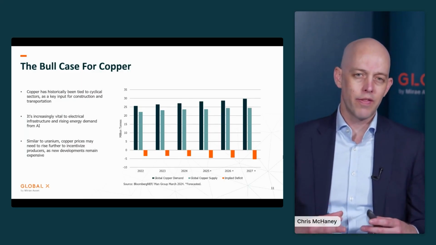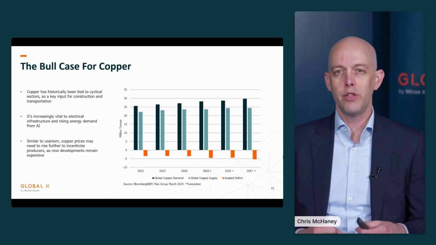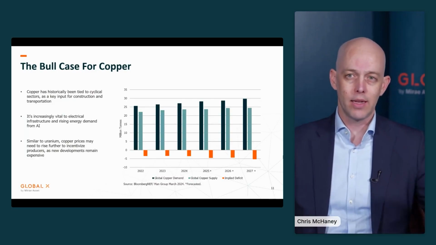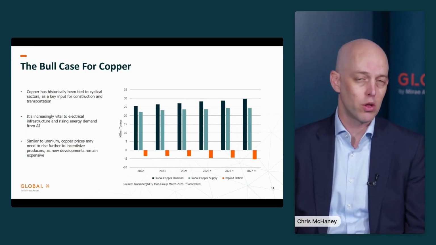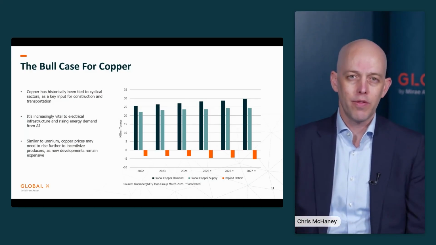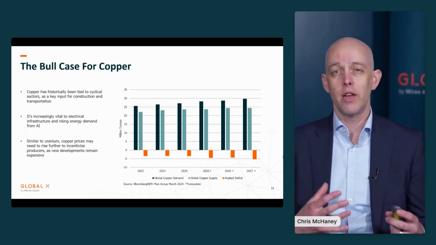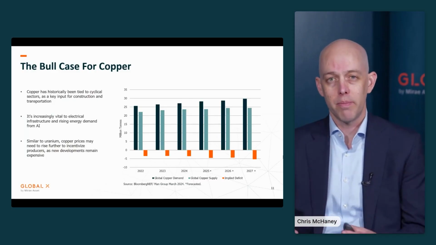Now, copper itself has historically been tied to cyclical activity. And so as we do expect global economic demand to potentially slow down, potentially as tariffs weigh on the consumer, we could see less GDP growth on a global basis. That could be a headwind for copper, and traditionally it has been. Now we are going to talk about, again, another couple of newer sources of demand for copper.